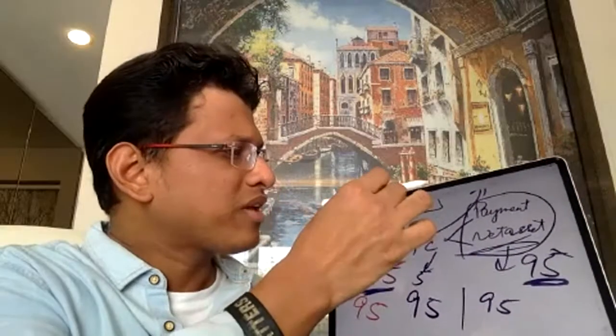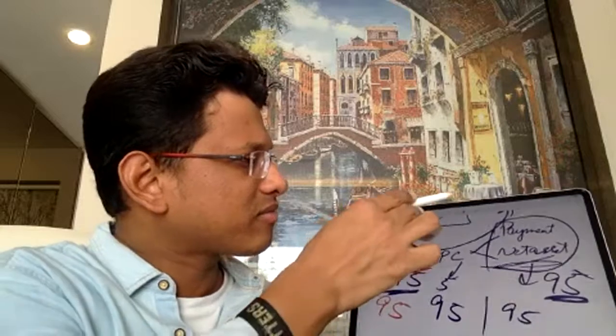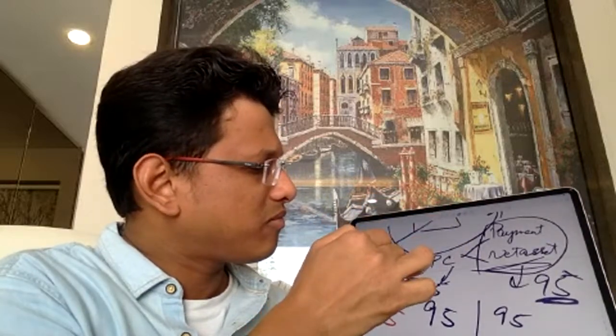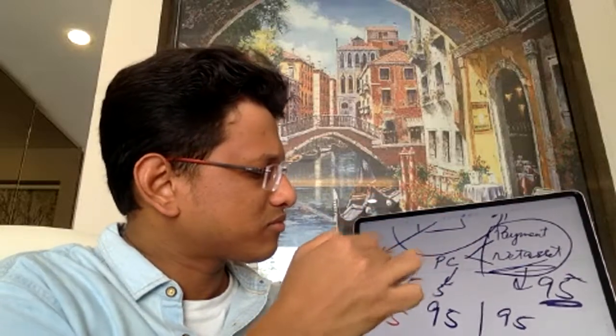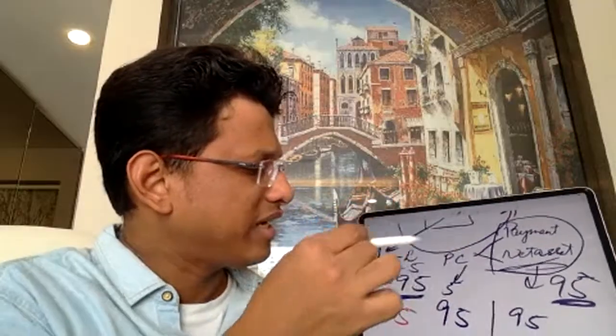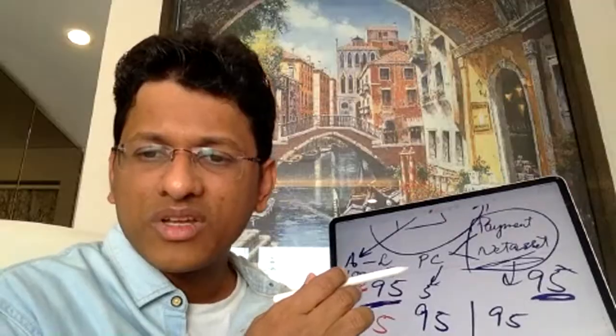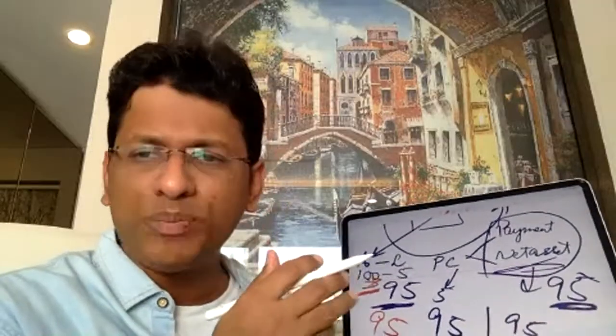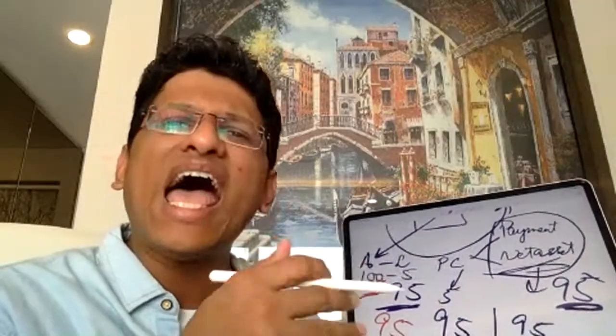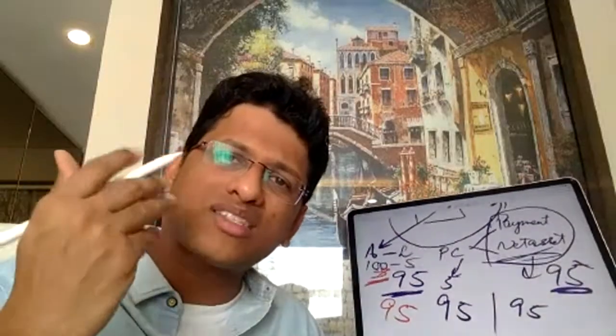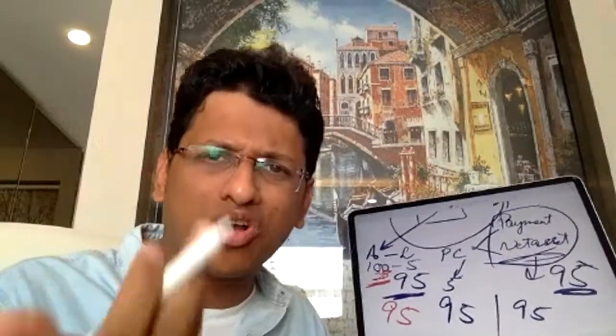Quickly I'll explain. All that I'm saying is there is a liability. There is an asset of 100, a liability of 5. If there is 5 rupees which is going out, I'm asking you to think like this, it's easy for you to comprehend.